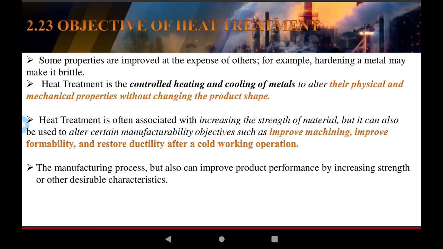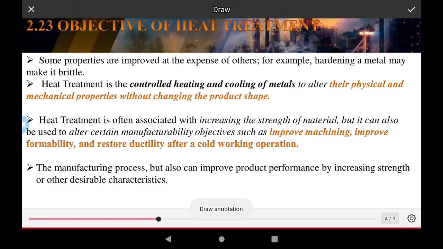Objective of heat treatment. Some properties are improved at the expense of others. For example, hardening a metal may make it brittle.